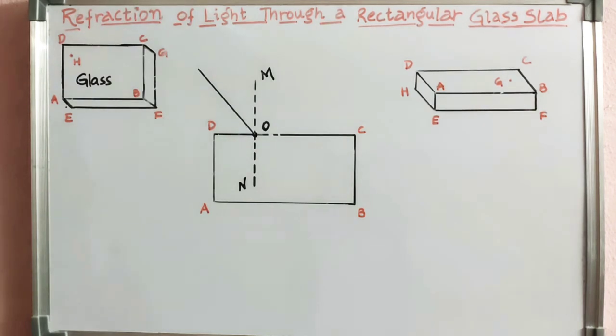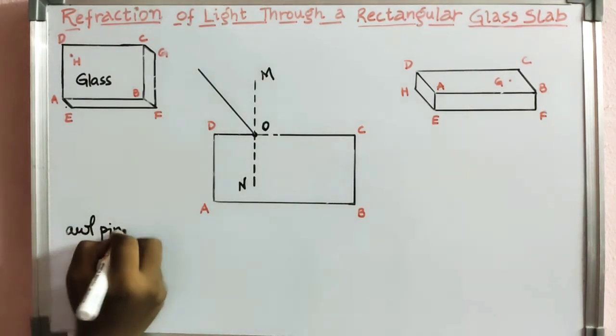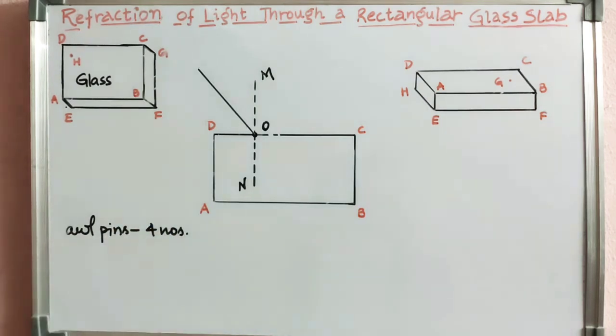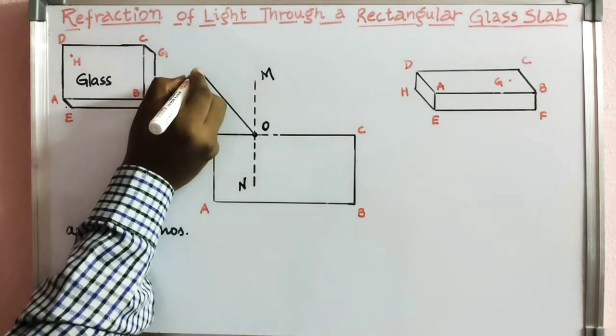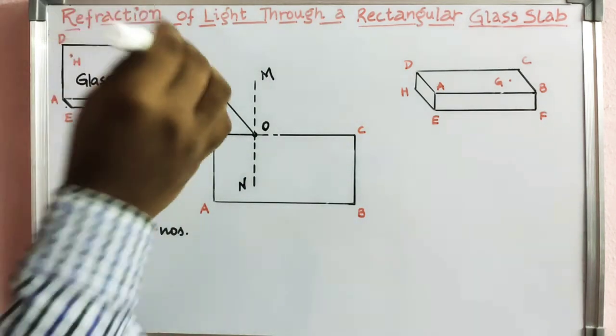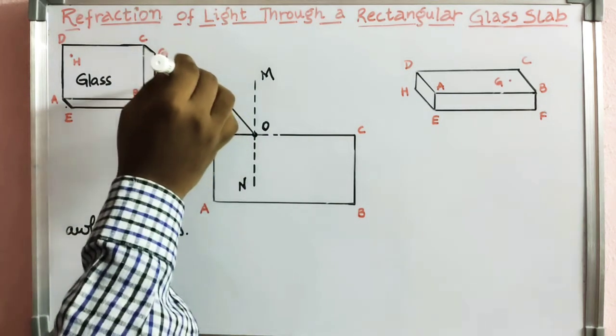Now how many all pins do you have? You have 4 all pins, right? So take one all pin and place it on this line. You are going to place it perpendicular to the paper. You have to pierce it inside. Be careful.